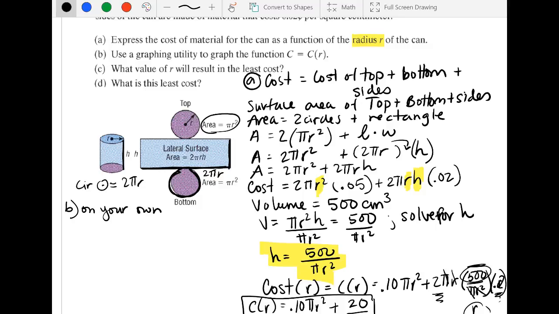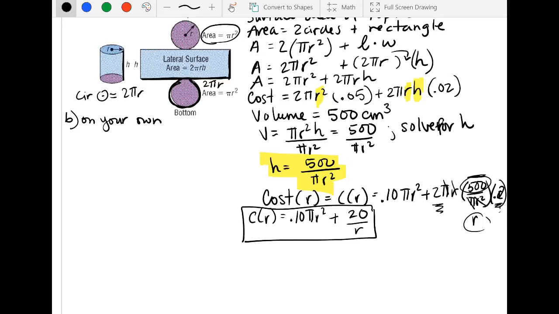Once you have it done on your calculator, I would like for you to sketch it out. The x-axis is going to be your radius, the y-axis is going to be your cost. I would like for you to find at least 3 or 4 points on the graphing calculator and then do a little sketch of that for me.